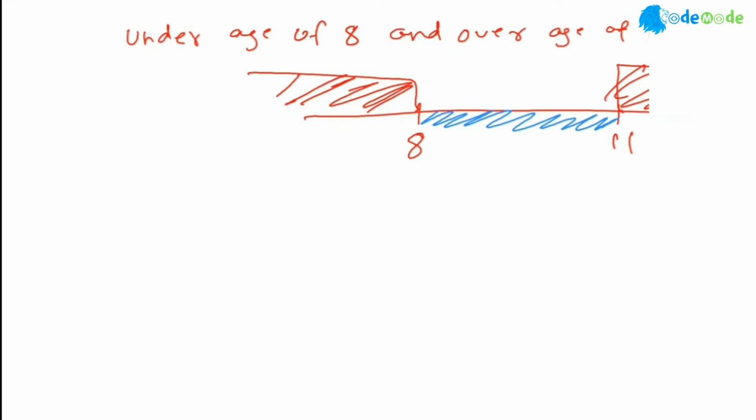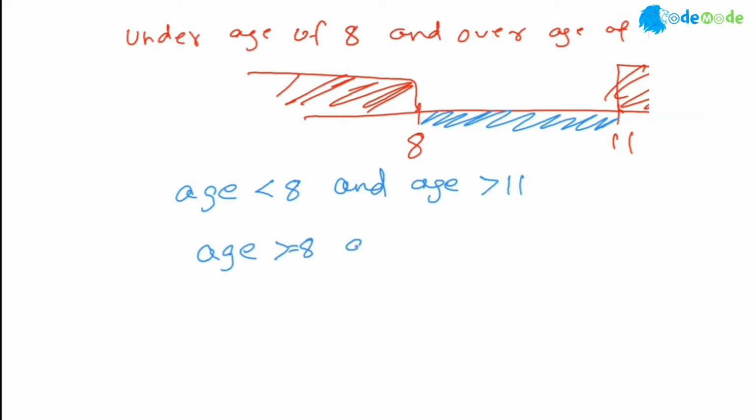So you can write it in two different ways. You can say age less than 8 and age greater than 11. Another way of writing it is age greater than or equal to 8, or age less than or equal to 11, and the whole thing I will negate, not.